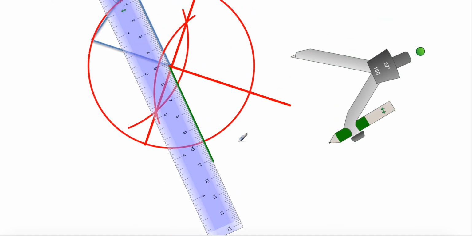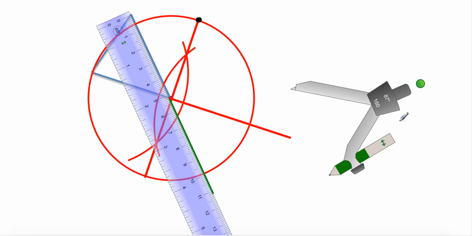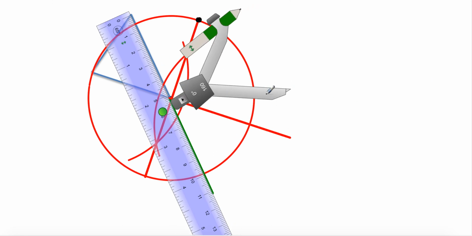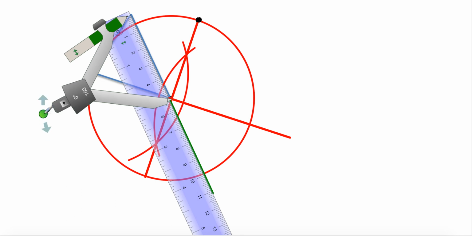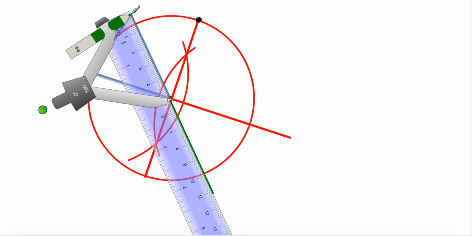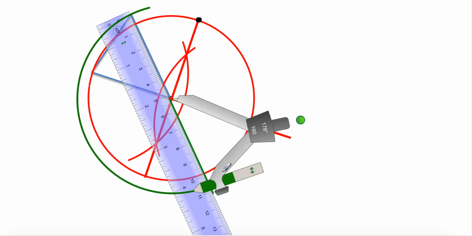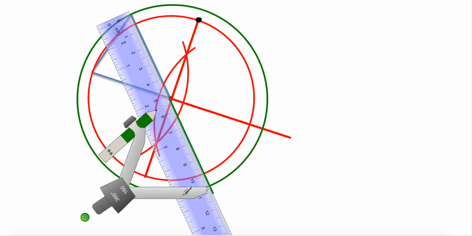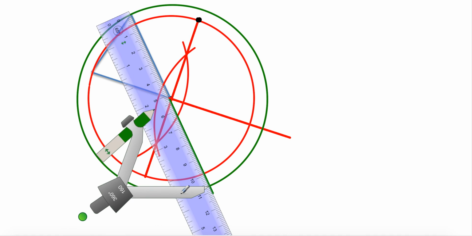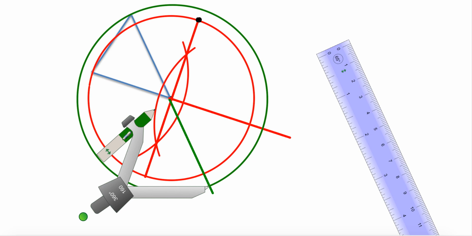All right. So then, oh, it's that distance. Then I'm going to just draw the circle in this way. From that point, I'm going to go more than halfway.